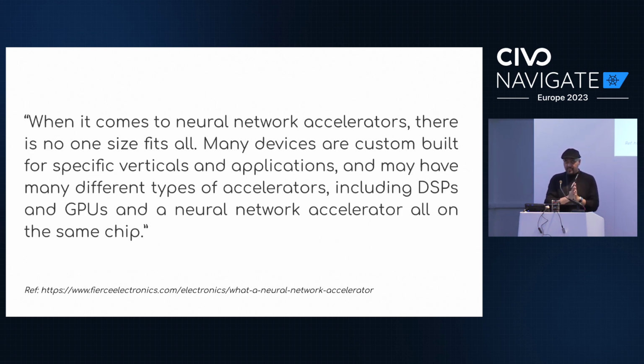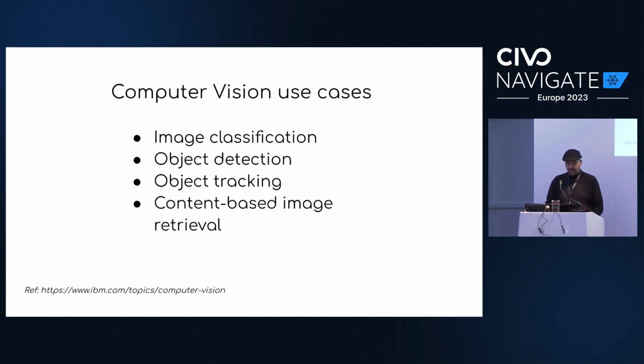As I was mentioning about these devices, they are also a kind of GPU, let's say, just to speed up the processing. Some computer vision use cases, in general words, not to be too specific: if you need to classify an image, that could be a use case for computer vision.